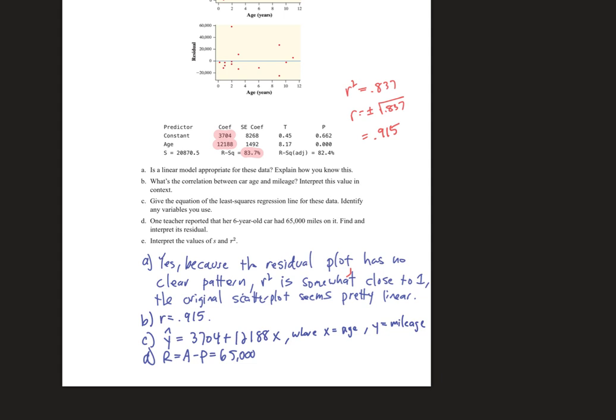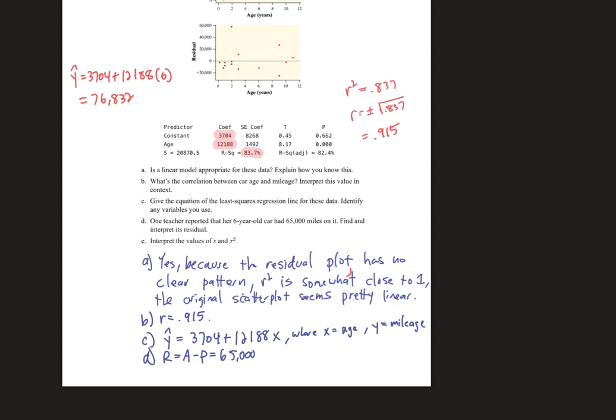So just plug in: y hat is 3704 plus 8, and then plug in 6. I'm going to do that in my calculator, and you end up with 76,832.